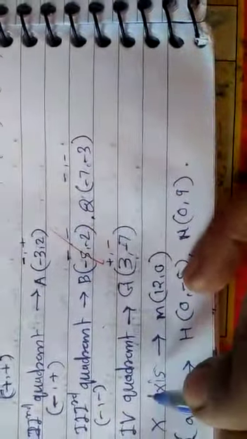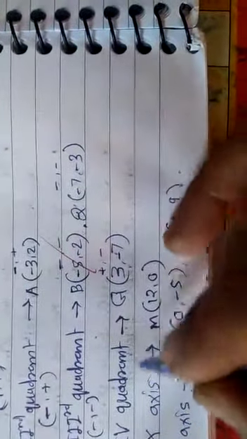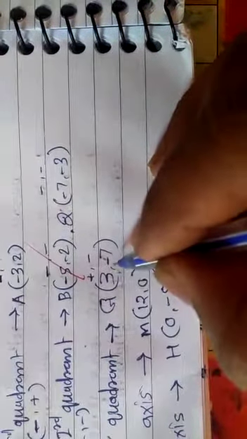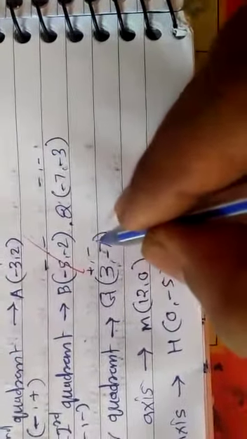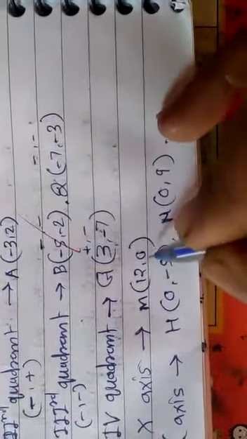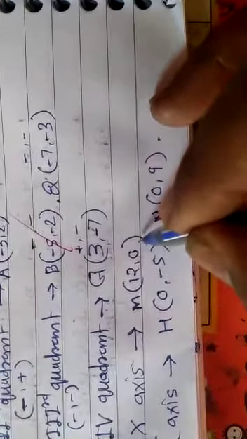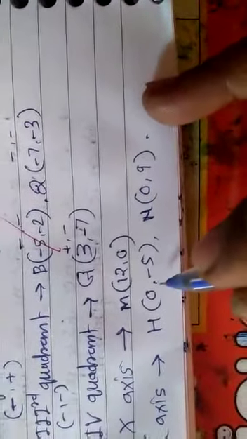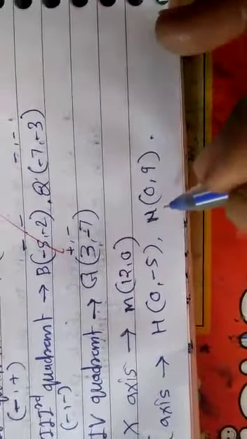Fourth quadrant coordinates are plus minus: G, plus 3, minus 7. On the x-axis the y-coordinate is 0: M, 12, 0. On the y-axis the x-coordinate is 0: H, 0, minus 5 and 0, 9.